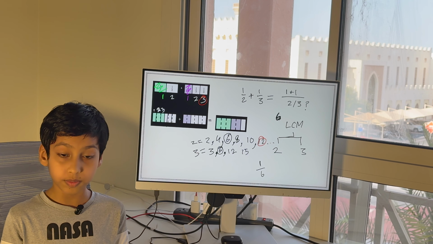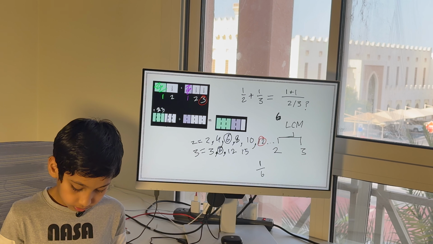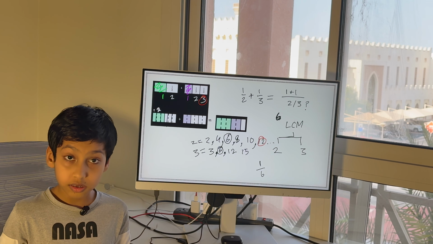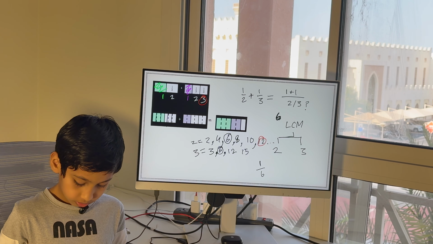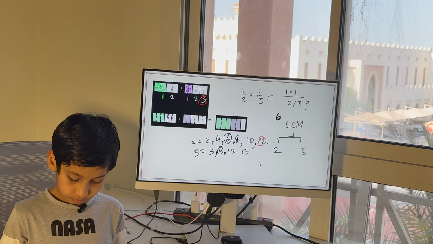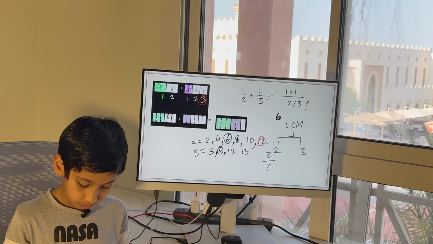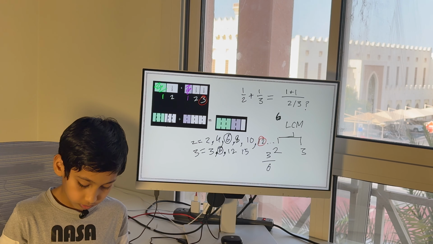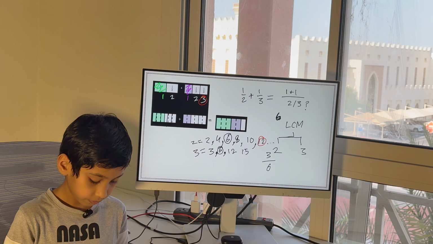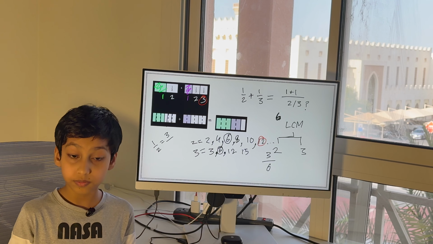So 3 of the parts are selected, so that's why the numerator is also changing. The numerator is gonna be 3, the denominator is gonna be 6. So our 1 by 2 here is the same thing as 3 by 6, right?